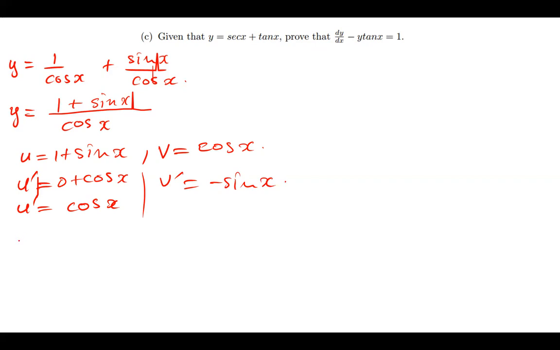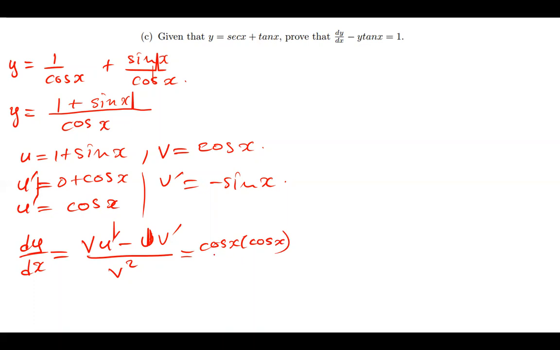So now we put in the formula of the quotient rule. So the quotient rule is simply dy dx is equal to v u prime minus u v prime, everything divided by v squared. So we plug in the values there. Our v is cos x. Then u prime is cos x as well.